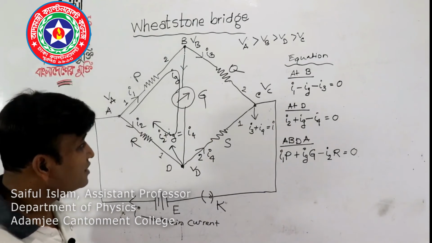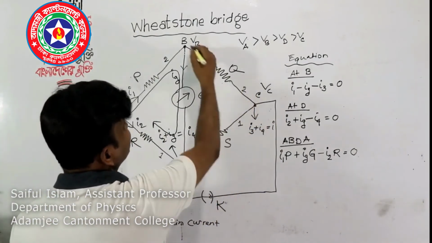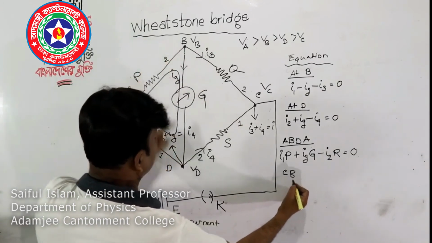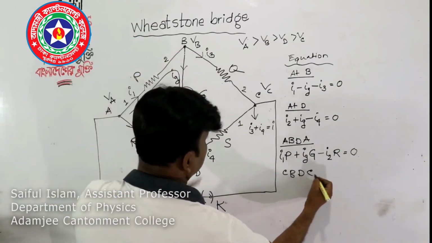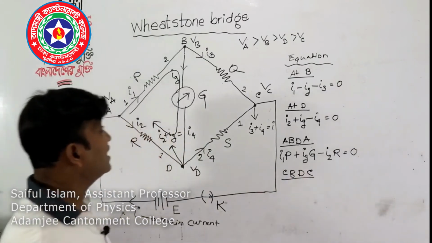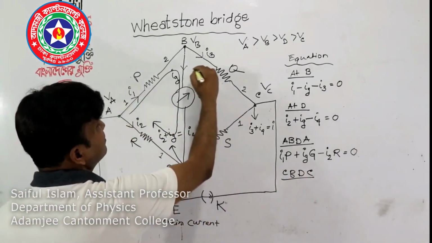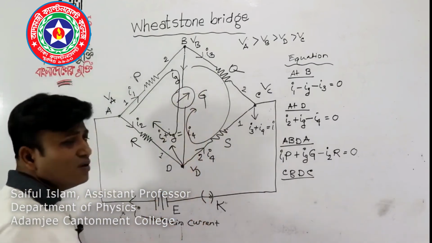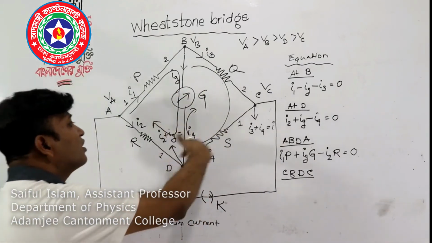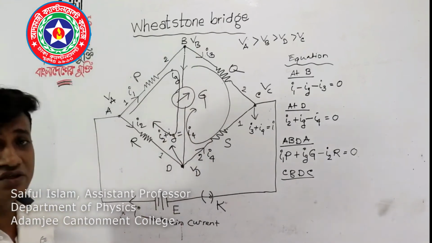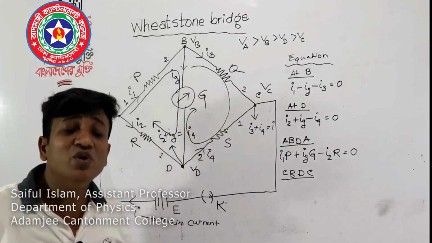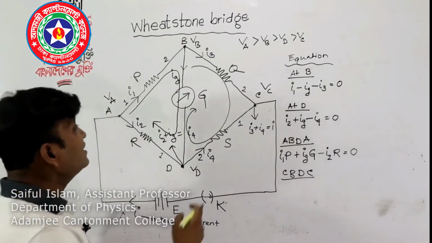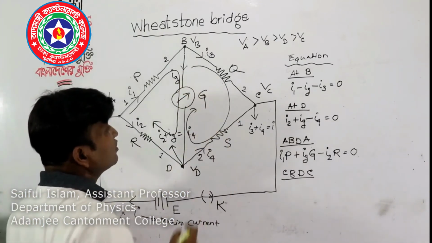Next, in the closed circuit C, B, D, C, again we consider the current flowing clockwise. We can also consider anti-clockwise; in both cases the result will be the same. Now I am taking the current flowing clockwise.